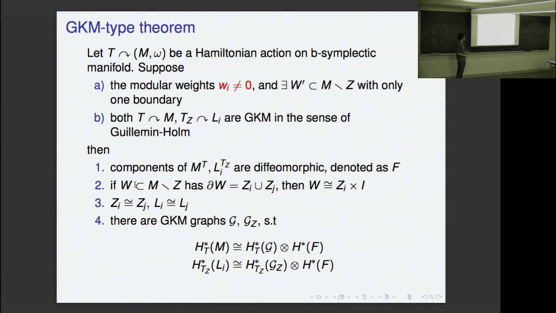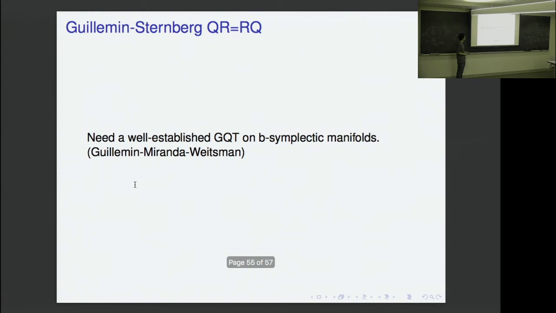And now we discussed quite a lot of classical results in the symplectic case proved using Morse theoretic arguments. And there is still a missing case: the Guillemin-Sternberg theorem, quantization commutes with reduction. We have already seen that the reduction makes sense for the torus action on b-symplectic manifolds.